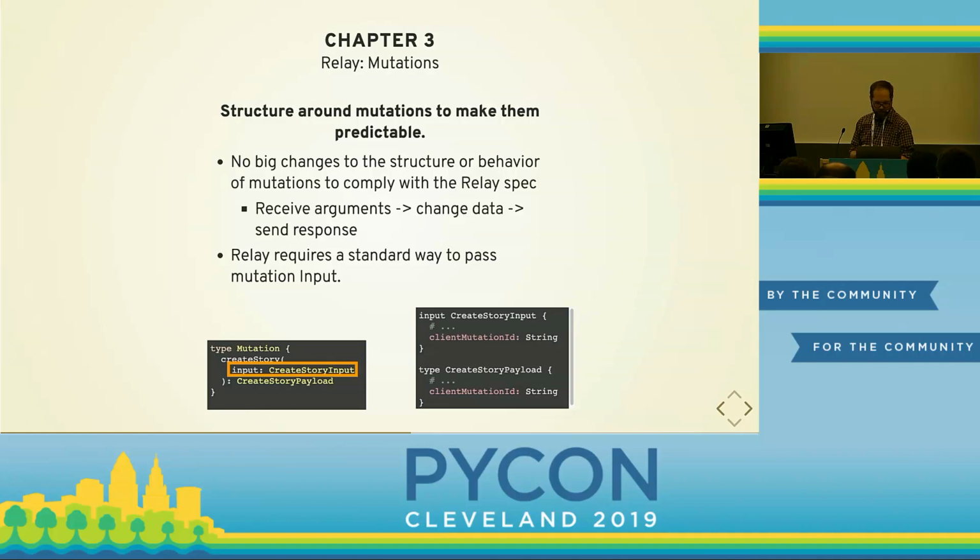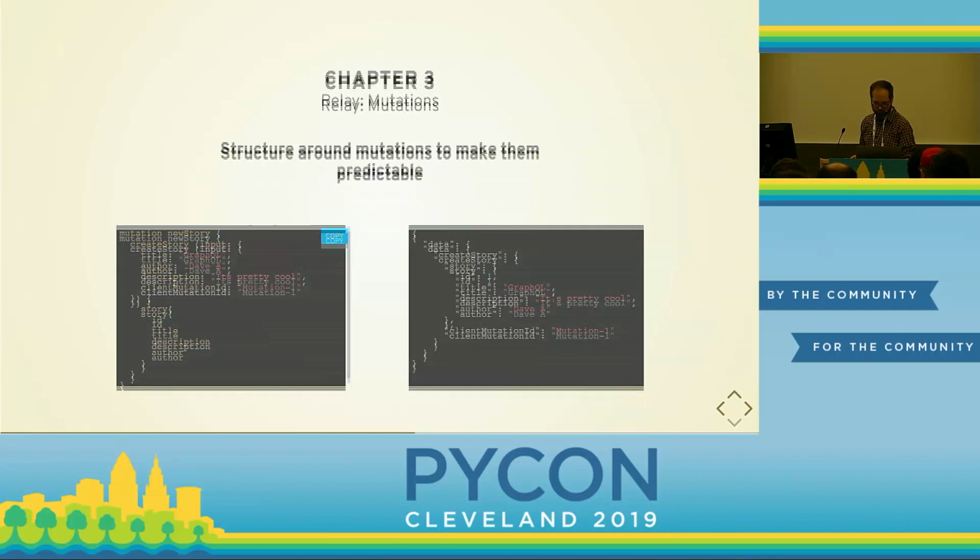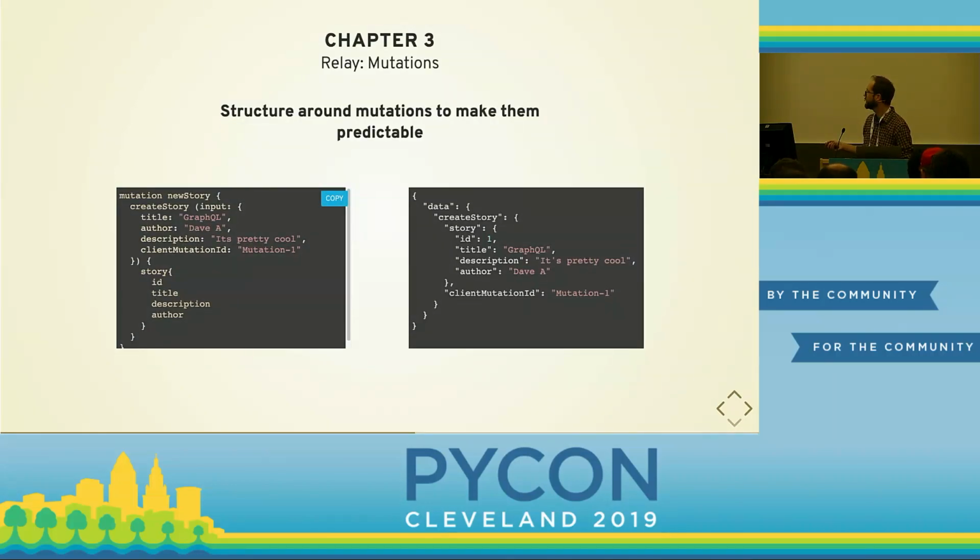The big change that Relay needs is that it wants a standard way to receive the input, and it also wants the input and the payload to send back this client mutation ID without changing it. In practice, that'll look something like this. This mutation is Relay compliant.